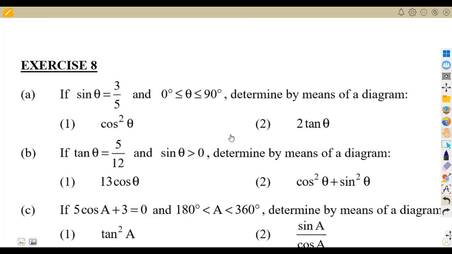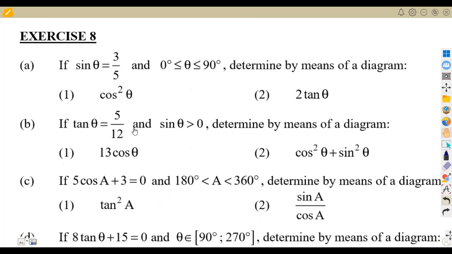Exercise 8: we are given that the sine of theta is 3/5 and theta is taken from 0 to 90. Determine, by means of a diagram, these values. Take note, we are given a ratio of sine theta, which is 3/5. Why are they giving us an interval of theta from 0 to 90?